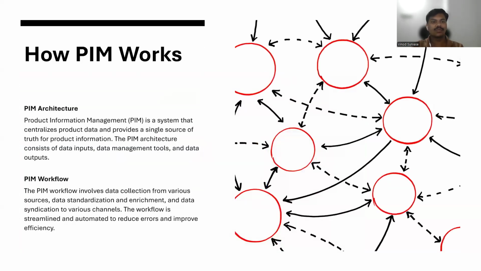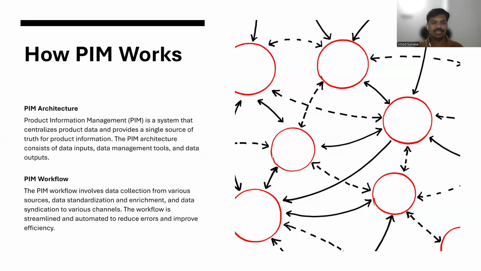So here is how PIM works. Here you can see the PIM architecture and PIM workflow. You see in the diagram that the architecture is bidirectional, and at some levels it is direct and at some levels it is indirect. So let's say the PIM architecture, which is product information management, is a system that centralizes product data and provides a single source of truth for product information.